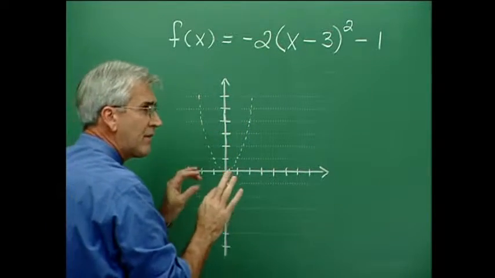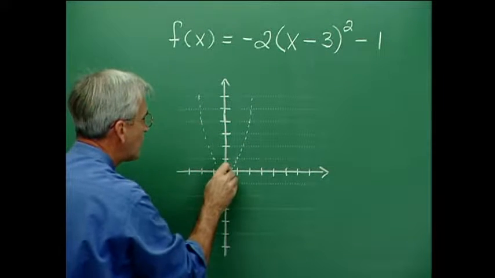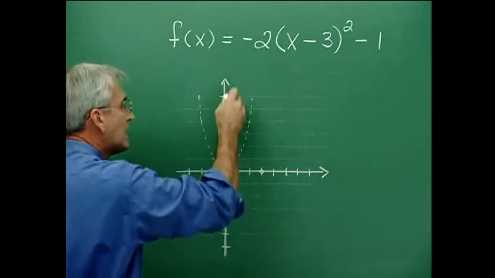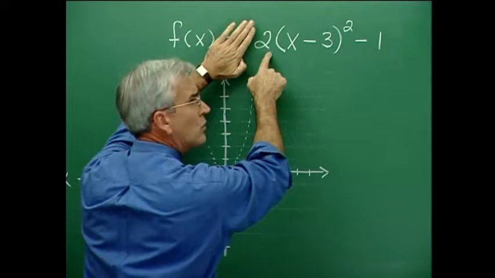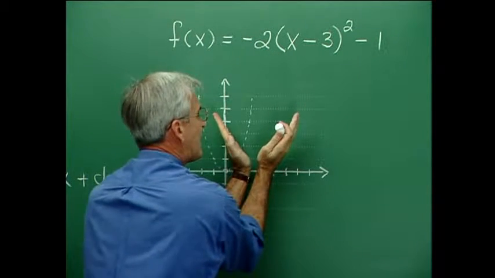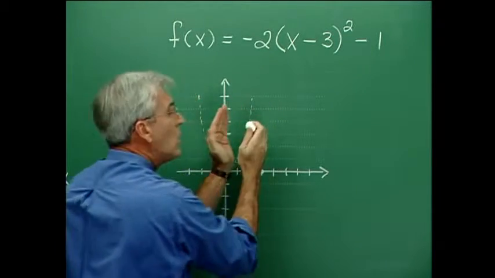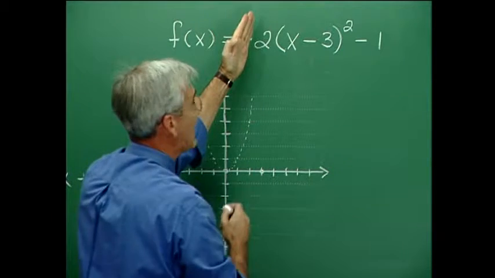Now let's just identify the position of the vertex, the change in the vertex. So the vertex would go from here, 1, 2, 3 to the right. And the rest of the graph would be like this. All right, now what about the 2? Well, the 2 means that the graph will be relatively thinner, just a little bit thinner like this, because we're sending those vertical distances up the coordinate plane twice as fast as they were before.